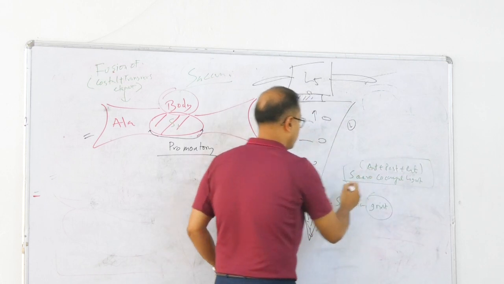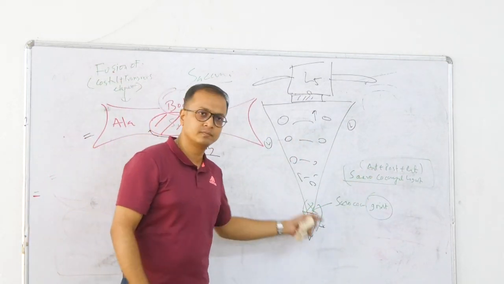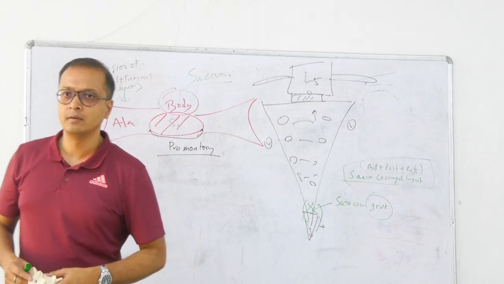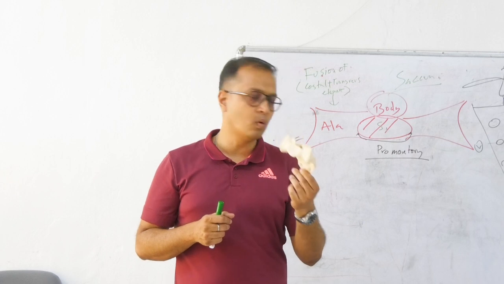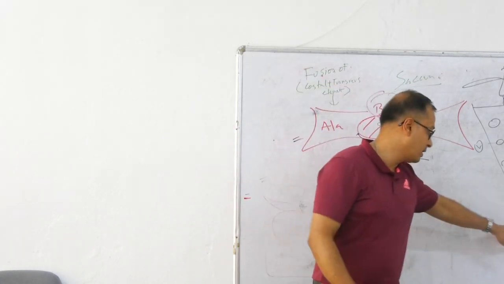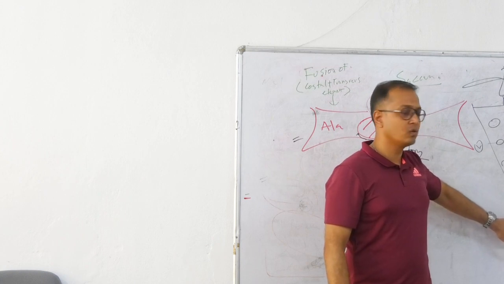These three ligaments unite these particular points. Alright? So this is about the lower end, also known as the apex of this bone. Nothing much more about it. So we have talked about the upper end and the lower end so far.